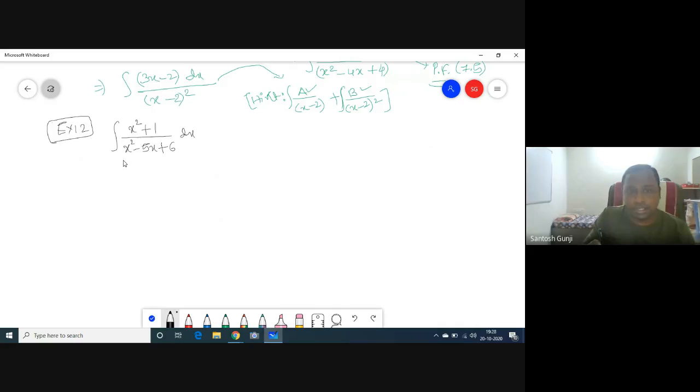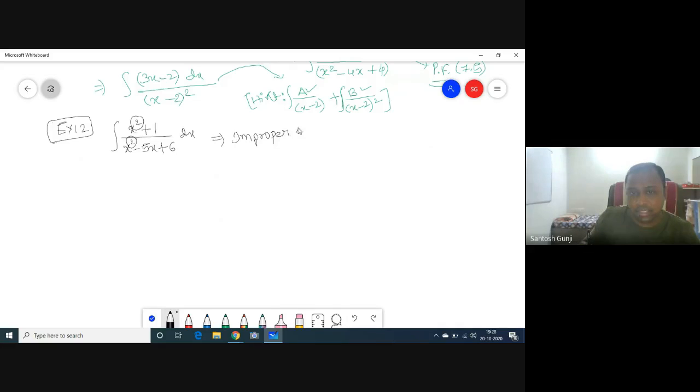So first, if you see, the denominator is perfectly factorizable, but it fails to apply the partial fraction. The reason is the degree of the numerator and denominator are the same, hence it is an improper fraction.